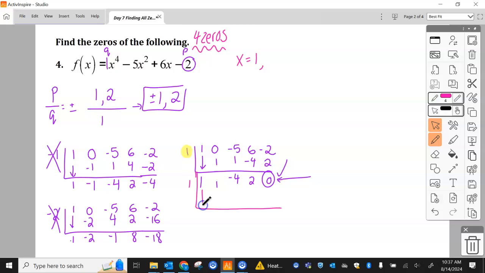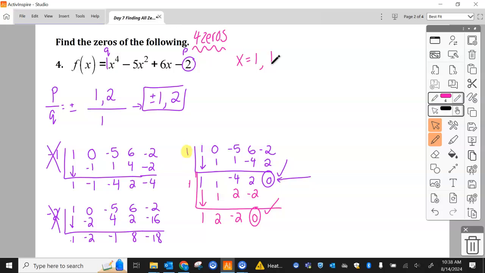Okay, so bring down that first term. 1 times 1 is 1. Add, multiply, add, multiply, add. Woohoo! Yes! It was a double root. So what does that mean? It means that at 1, something cool's happening, which you're going to see when we get to graphing.